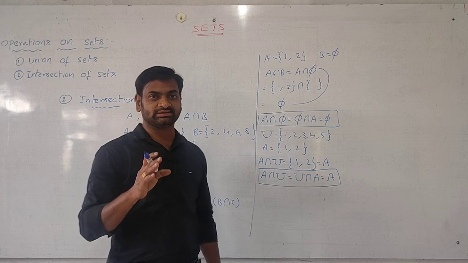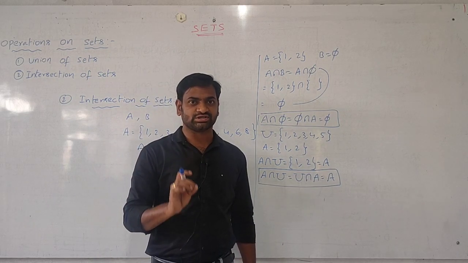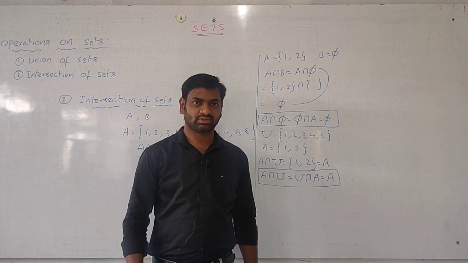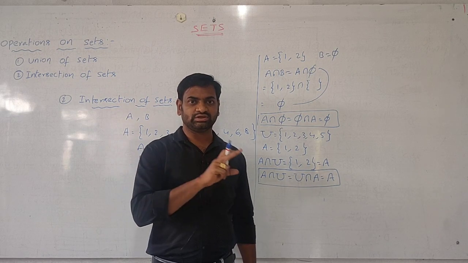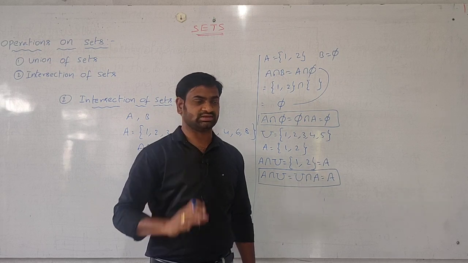When you are taking intersection, simple logic, always the answer is small set. Union, answer is big set.